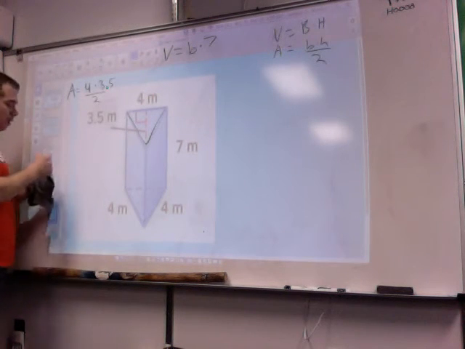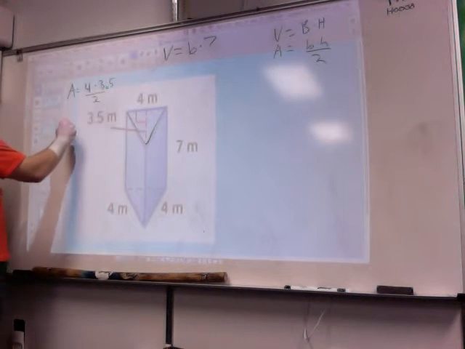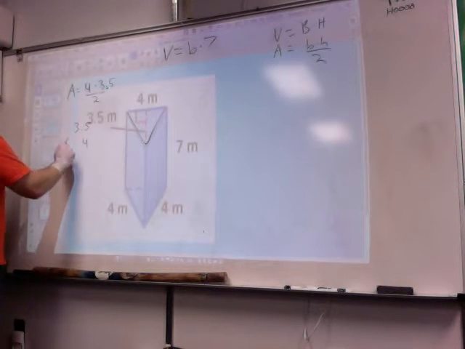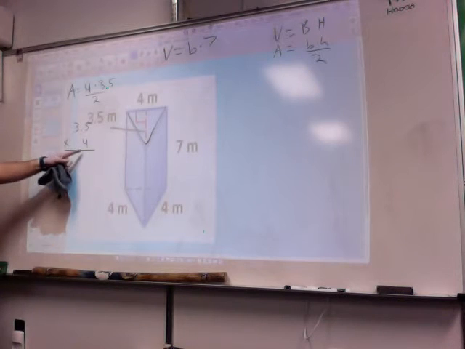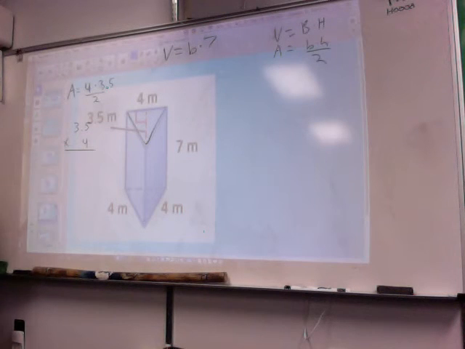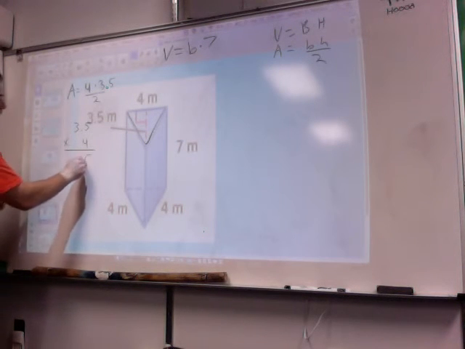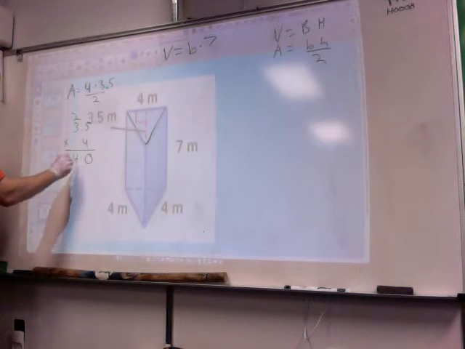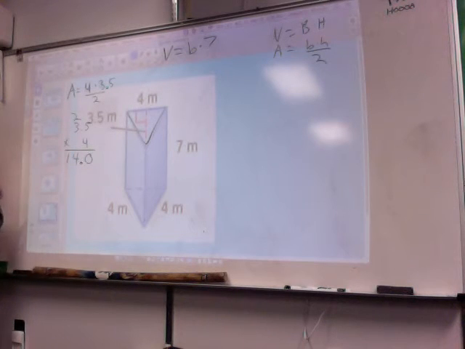3.5. All right, here we go. I'm going to put 3.5 on the top because it has more digits. And 4, even though it looks like this 4 is in the tenths column, I'm still going to put it in there because I can ignore my decimal. 4 times 5 is 20. 4 times 3 is 12, plus 2 more equals 14. I have one decimal place value spot, so that is 14.